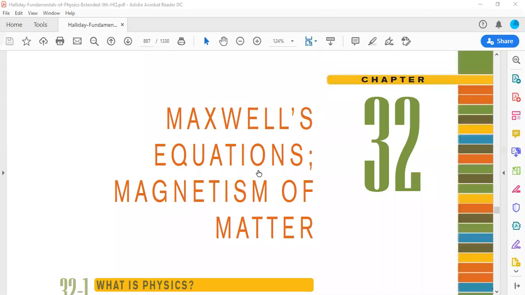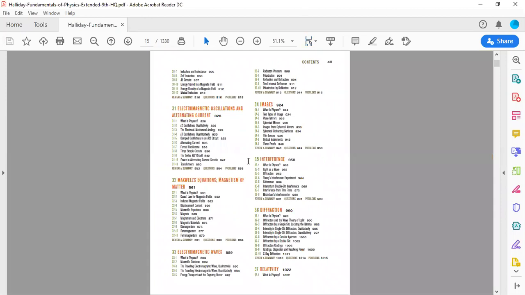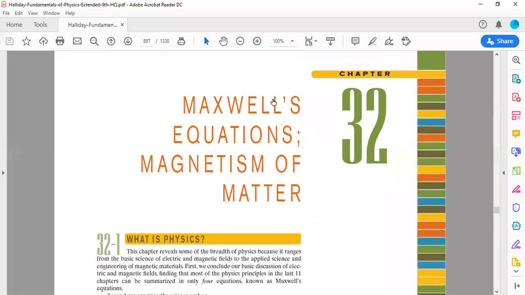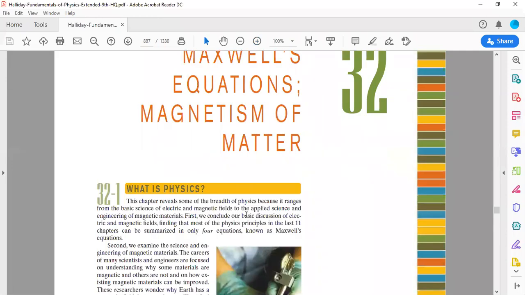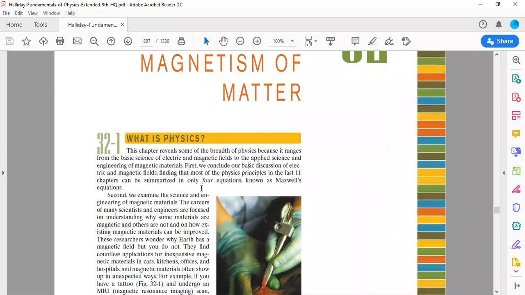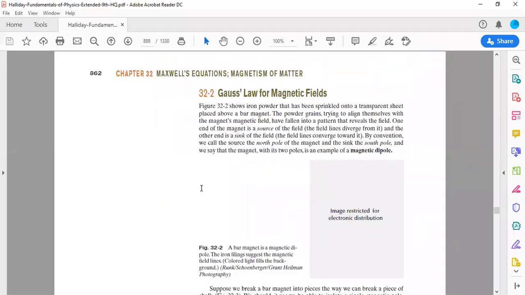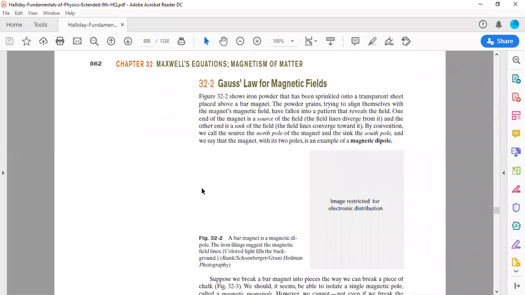Our last topic which we discussed was Maxwell's equations and magnetism of matter. In Maxwell's equations, we discussed mainly four separate laws.